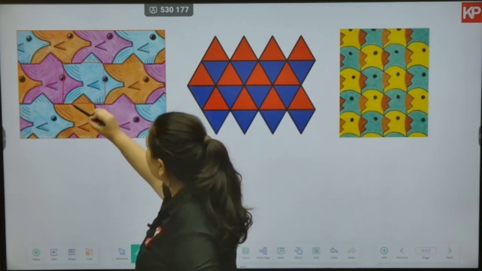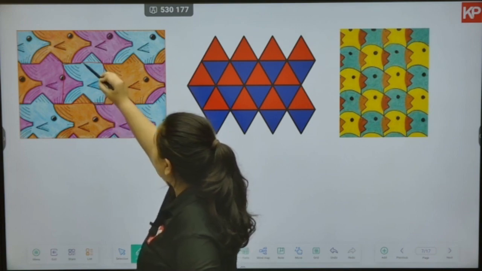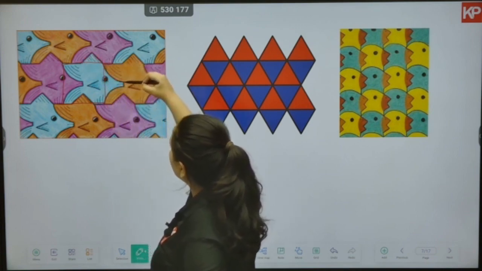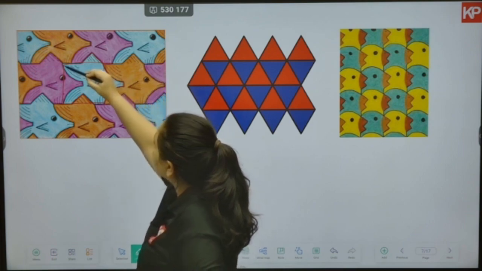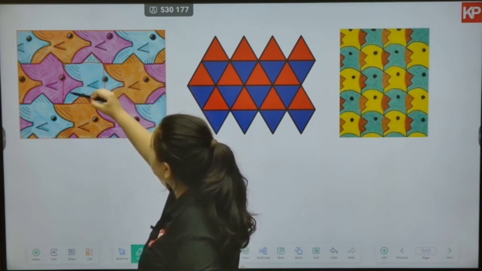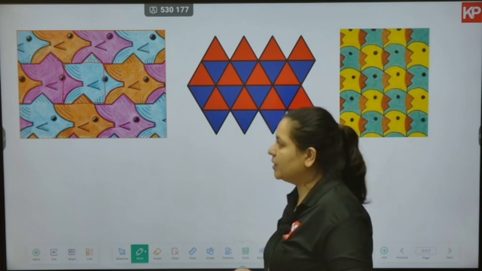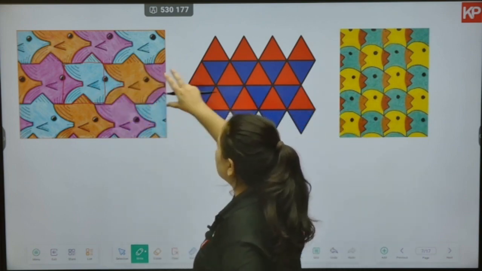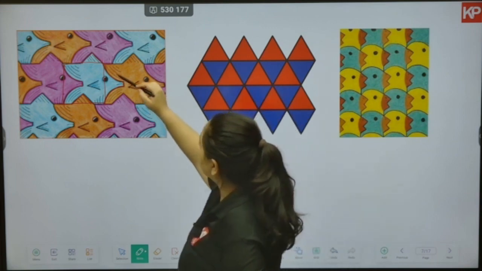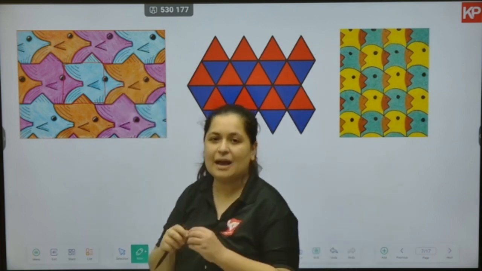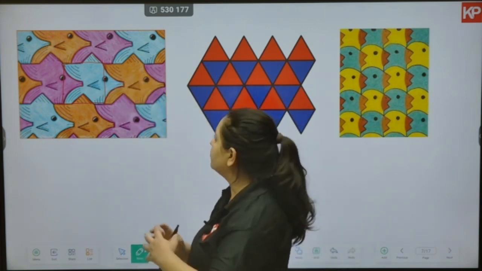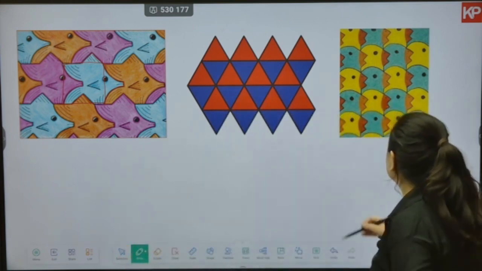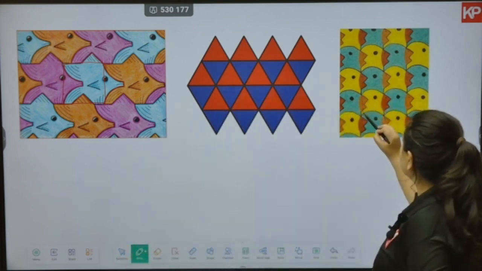Now whatever I am cutting from here, I am adding here. Exactly the shape that I am cutting from here, I am adding over here. So because these two shapes are exactly the same, when I start tessellating it, it is going to fit into one another absolutely without leaving any gaps. Let's check for this. Let's try and make a square around it.